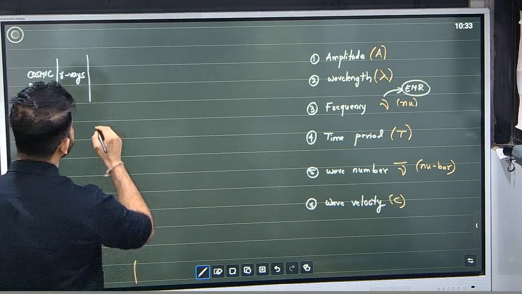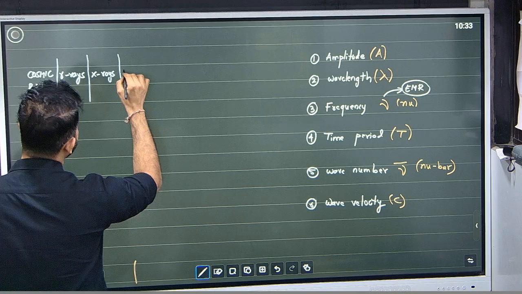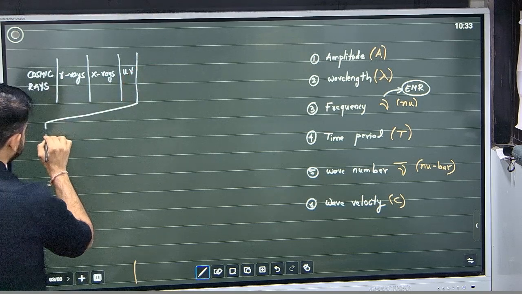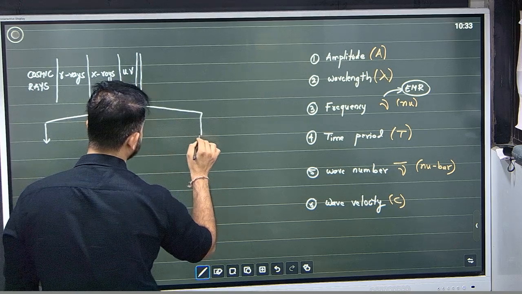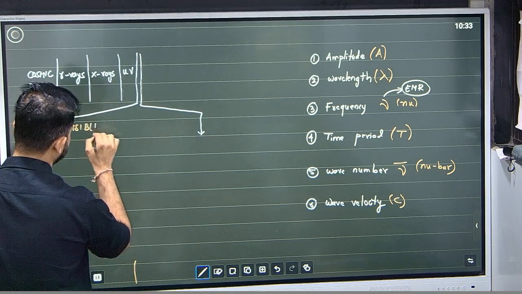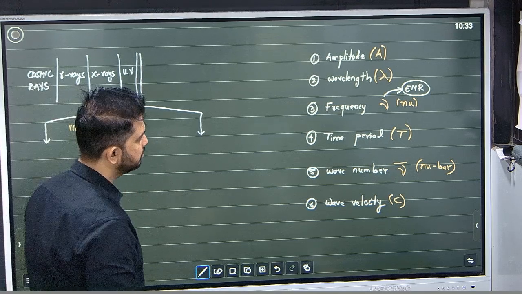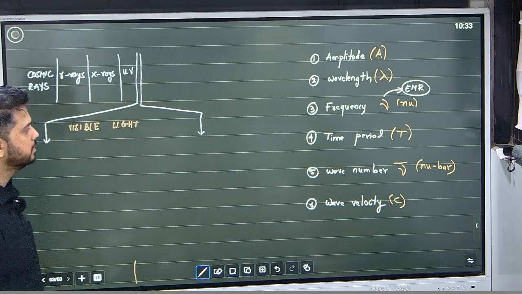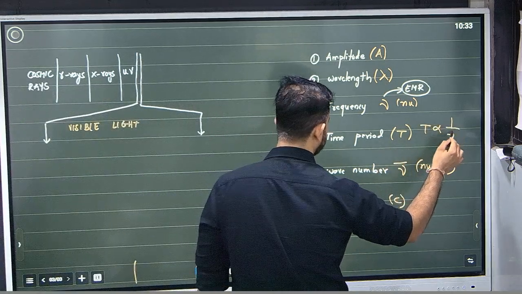And time period is inversely proportional to frequency.